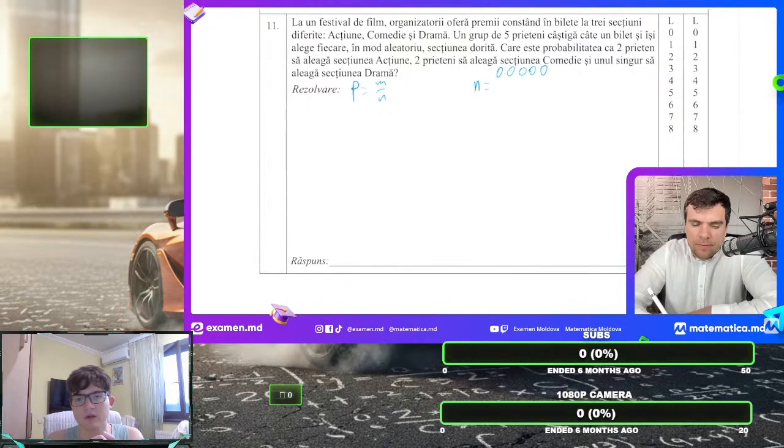But of course, that's not proven until I go through it. 5 circles like that. I really have to think through how I can get the number of favorable cases. 5 friends, each with a ticket, 3 sections.